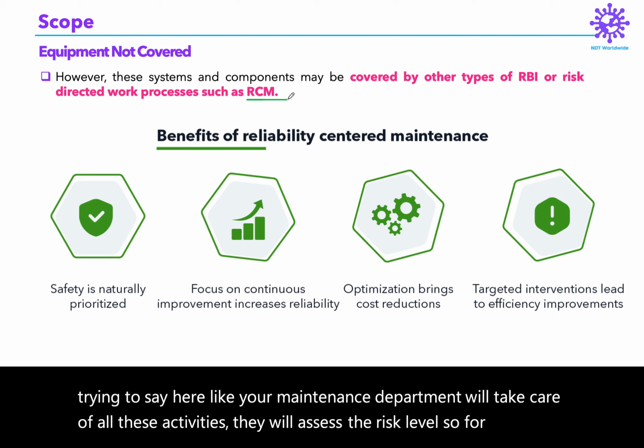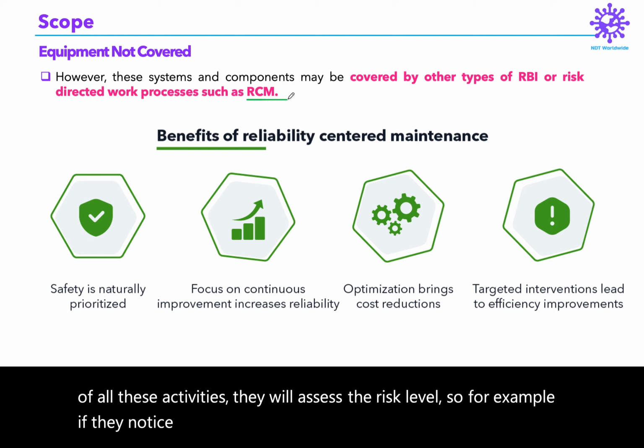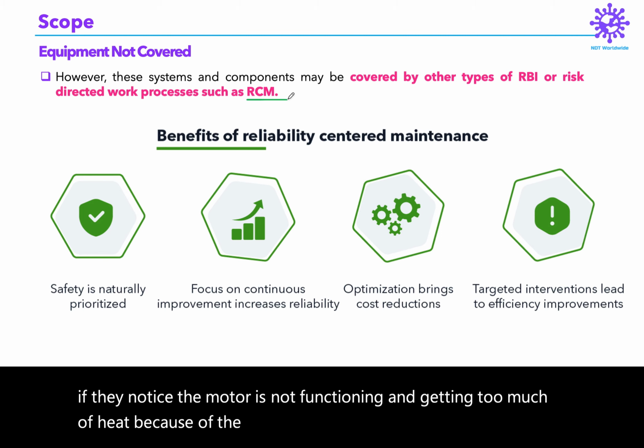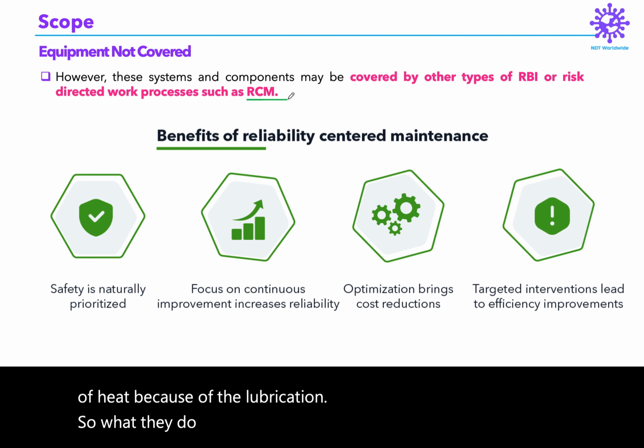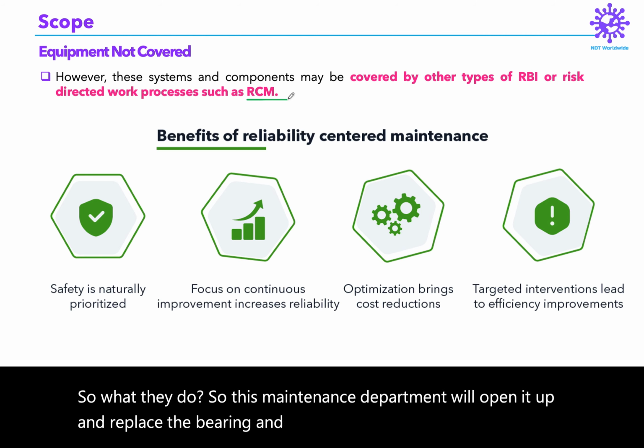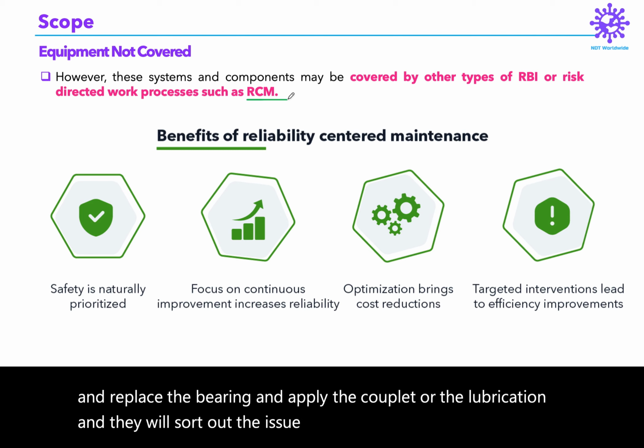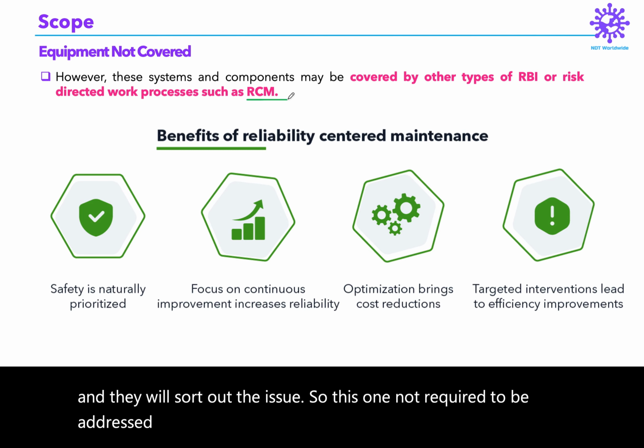For example, if they notice the motor is not functioning and getting too much heat because of lubrication issues, this maintenance department will open it up, replace the bearing, apply the coupling or the lubrication, and sort out the issue. So this is not required to be addressed by the risk-based inspection team.